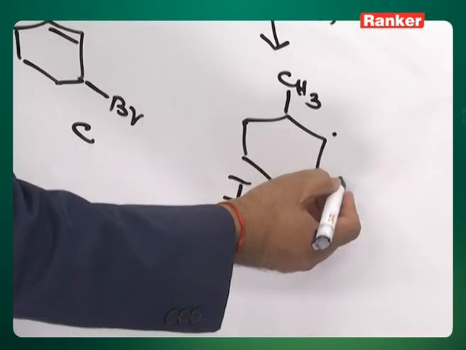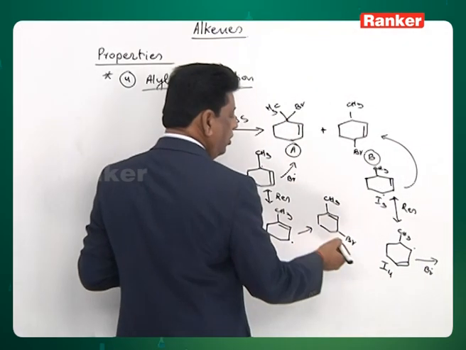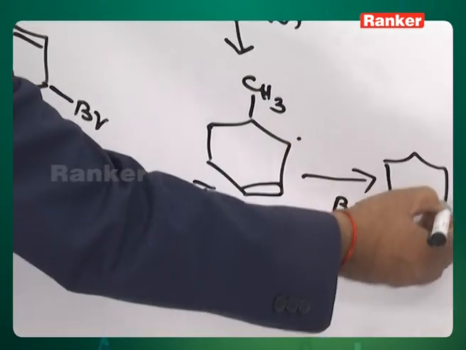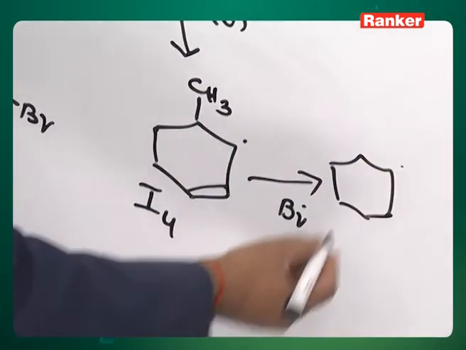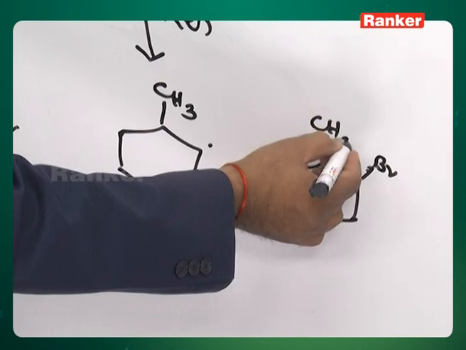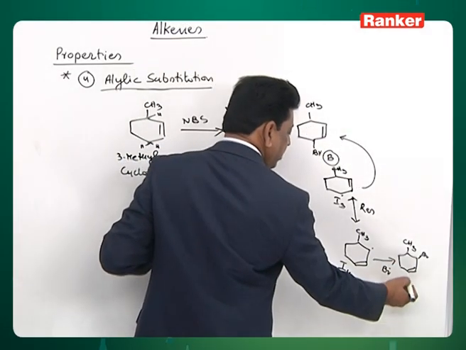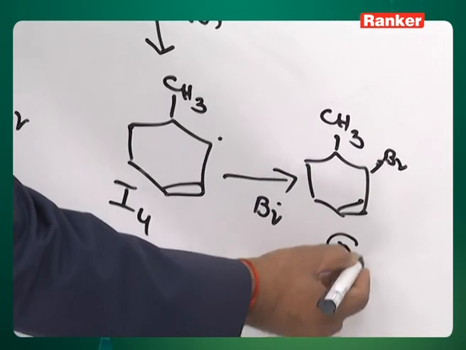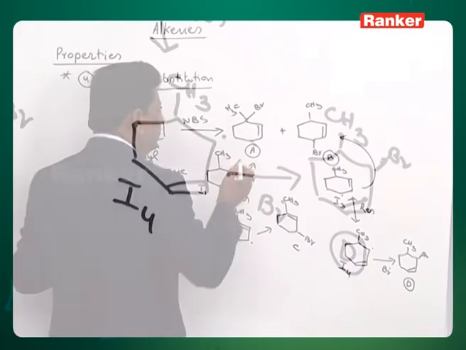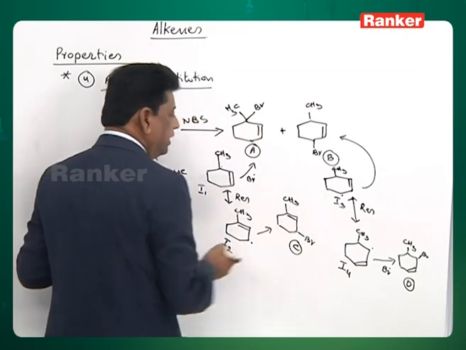If this gives an answer with the bromine attacking, then you will get one more answer, that is, the bromine will be by the side of the methyl. Let me call this compound D. So totally 4 answers are coming: A, B, C and D.